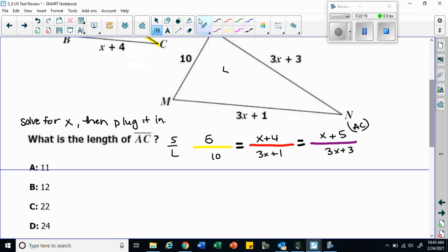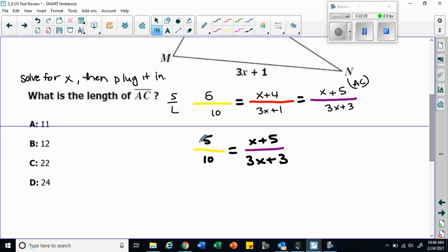So I'm going to scooch down a little bit and rewrite this with the yellow and the purple. So 5 over 10, and then X plus 5 over 3X plus 3. And so we're going to cross multiply these. We start here where we have 5 times 3X plus 3 equals 10 times X plus 5.